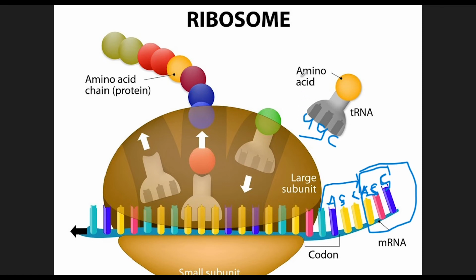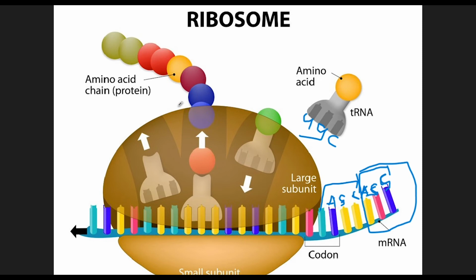Then another transfer RNA comes, and if we have C here, the transfer RNA will have G, and if we have G in the codon, it will have C, and if we have A in the codon, it will have U. It will continue like that until we have all these amino acids.